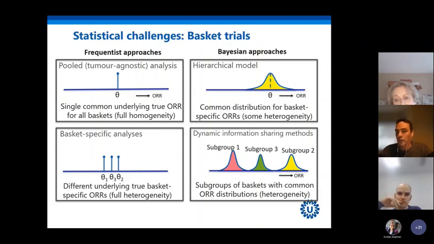So they do account for the heterogeneity, and they also have the advantage that you could, for instance, in the figure that you see on the right bottom, that would be a setting where we have like 3 different subgroups of baskets. Subgroup 2 is a set of baskets, a set of cancer types in which there's quite a high overall response rate, whereas in subgroup 1, basically you do not see responses in those cancer types.